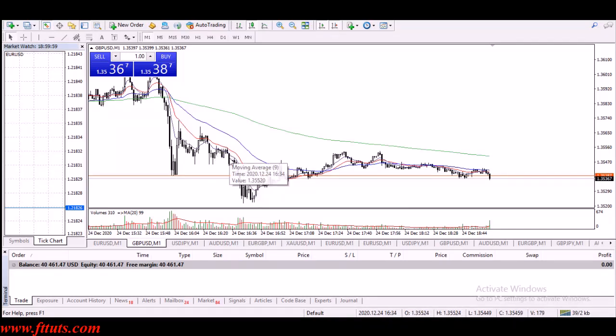For example, like here, let's say I have entered a sell order here, and my take profit would be below this one, with my stop loss above EMA 200.